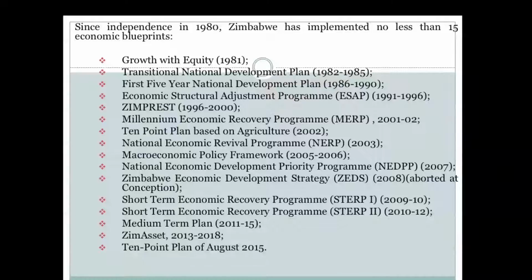Then if you look at the economic blueprints that we have implemented from independence, growth with equity, Ibo can speak to this, the transitional national development plan, all this. You look at the situation from 1990, in the 90s, the focus was more on the social aspects. There was very little growth that happened. Because of the massive thrust into social expansion, social services, especially education and healthcare, at the end of the decade it was very difficult to sustain that in the context of an economy that was hardly growing.